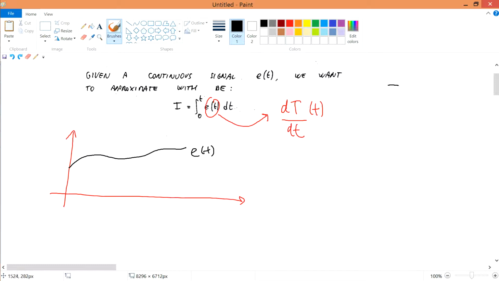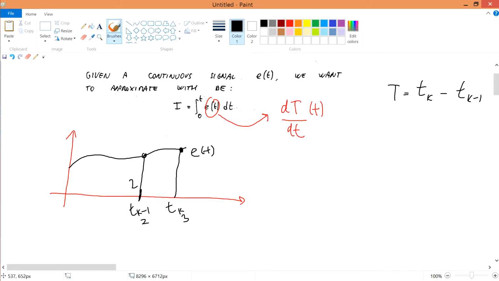Let's say our t is equal to tk minus 1, for example. Graphically, this is tk, this is tk minus 1. This is a time at a certain value. If the time is maybe 3, then 3 minus 1 is 2.